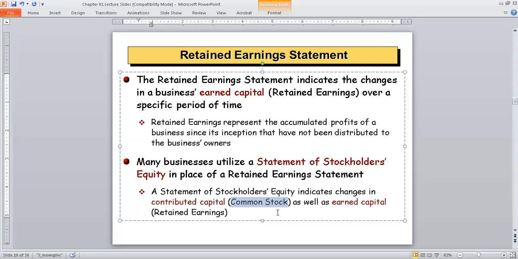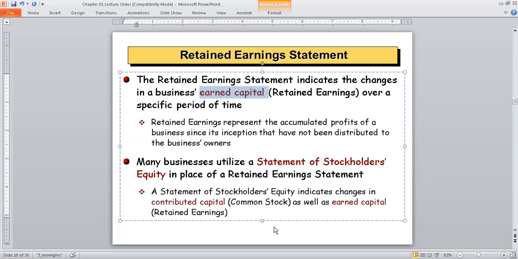That's one source of equity. But we learned last time that the other source of equity is earnings, earned capital. The retained earnings statement only tells us about changes in earned capital.